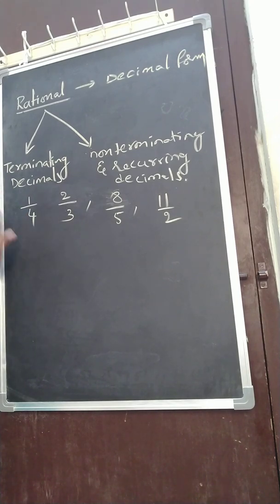In these fractions, which are the terminating and which are non-terminating and recurring? Terminating means there is an end, meaning the division completes with the remainder 0. Such fractions are called terminating.